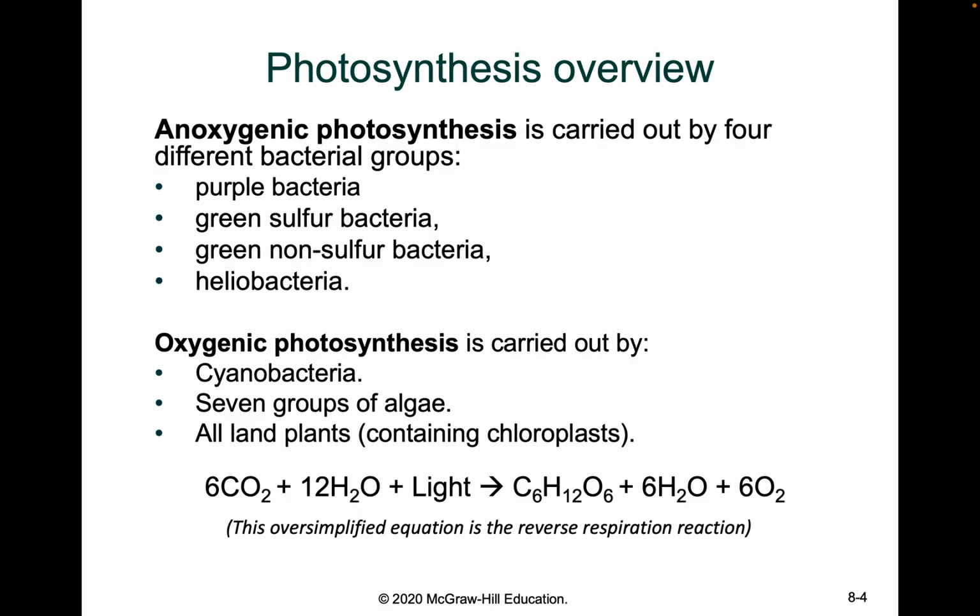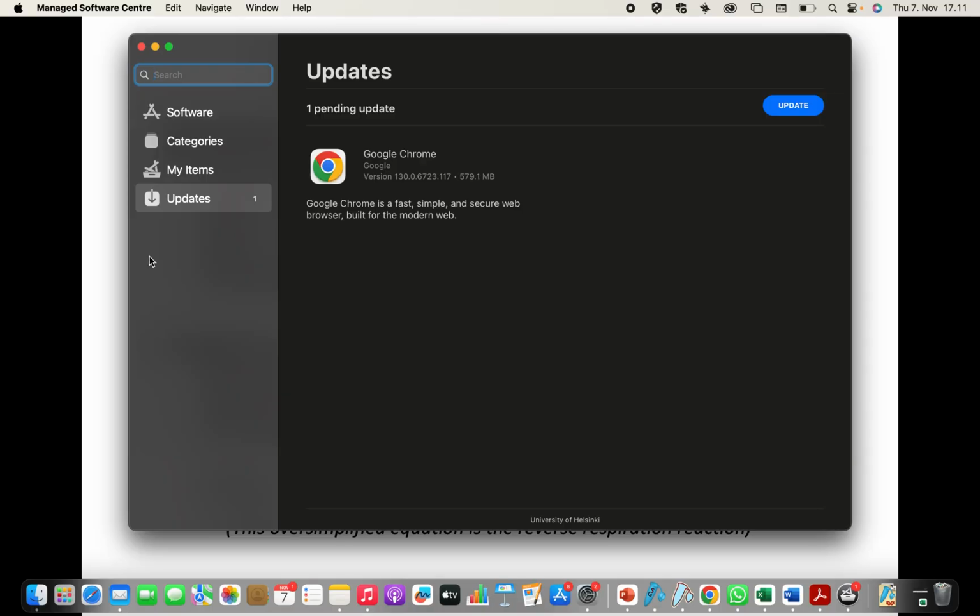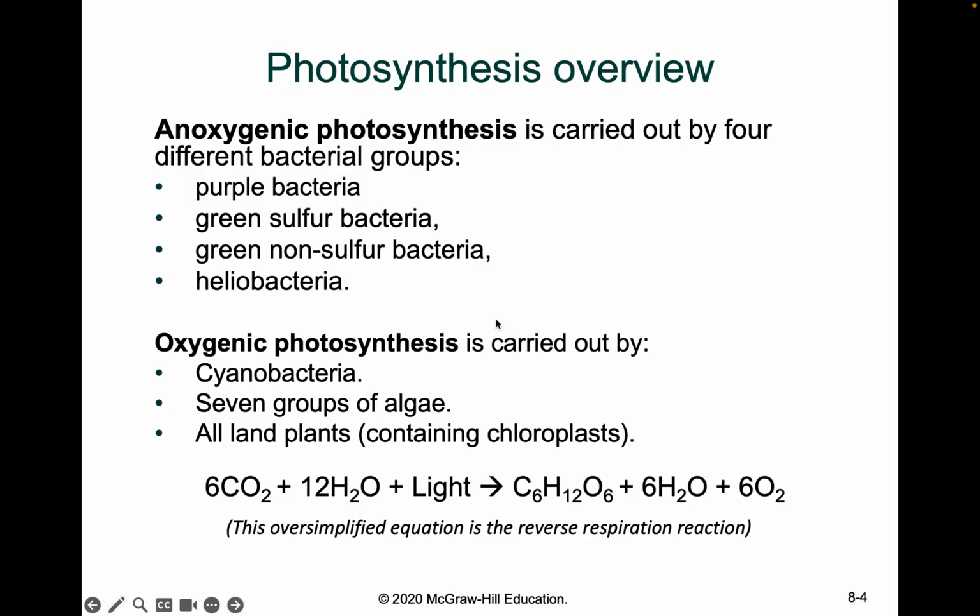The first one, anoxygenic photosynthesis, is carried out by four different bacterial groups: purple bacteria, green sulfur bacteria, green non-sulfur bacteria, and heliobacteria. These are the ones that are mostly doing anoxygenic photosynthesis. Oxygenic photosynthesis is mostly carried out by cyanobacteria, algae, and all land plants that have chloroplasts.